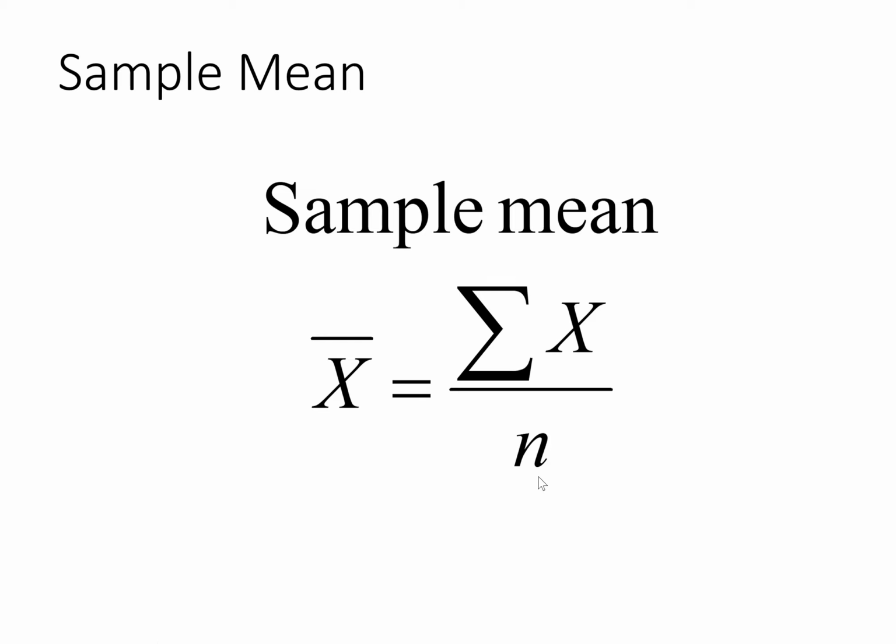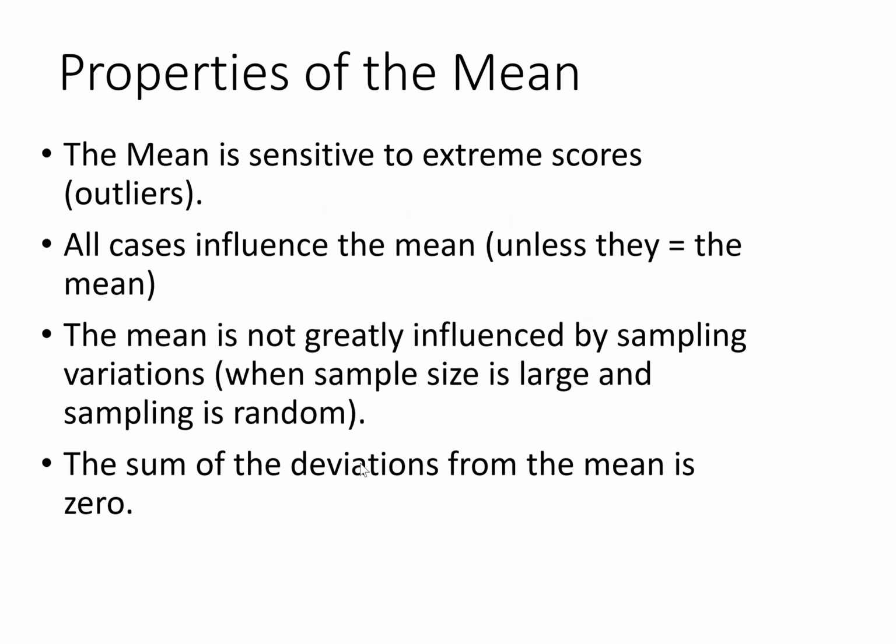It's somewhat common to symbolize the total number of scores in a sample with a lowercase letter n rather than an uppercase letter N, although things can get much more complicated when you have more than one sample, and then we tend to use subscripts below the n to indicate which sample we're talking about. So with the sample mean, we just simply take the sum of all the scores and divide it by the total number of scores.